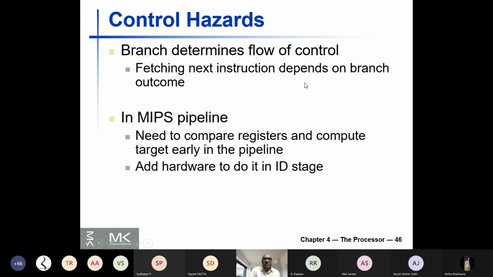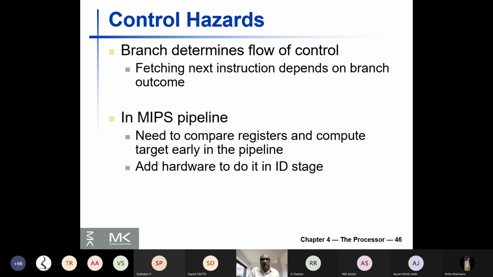So in that case, we have issues when executing a branch instruction. Hazards may arise because of feeding the wrong instruction into the pipeline, right? Because here we don't know whether the branch result will be correct or not. If it is not taken, then no problem, because anyway it has to take the following instruction.